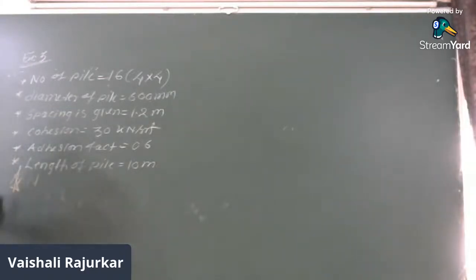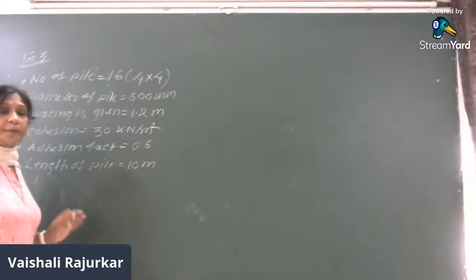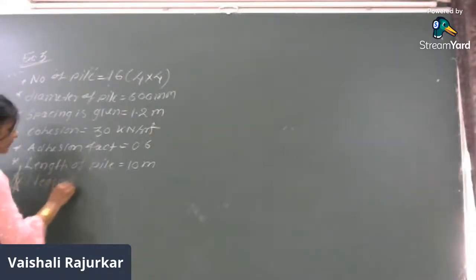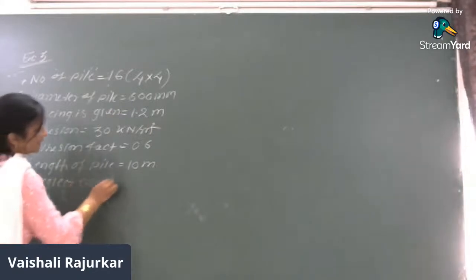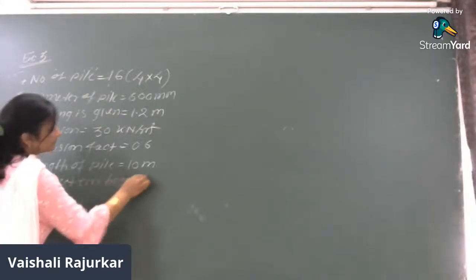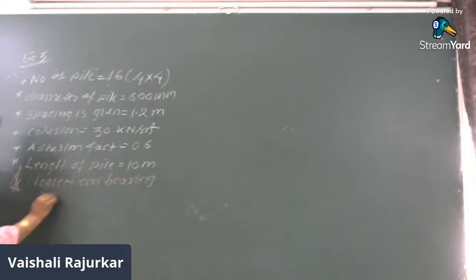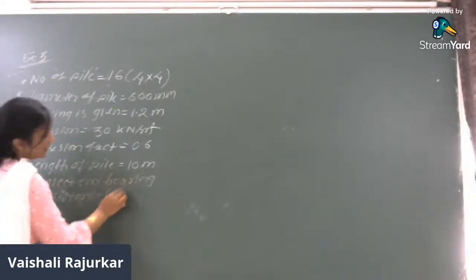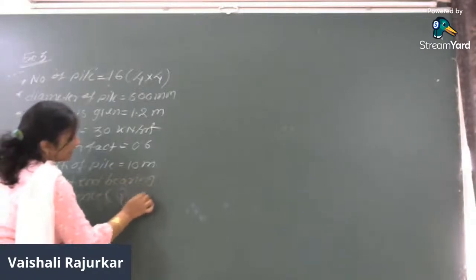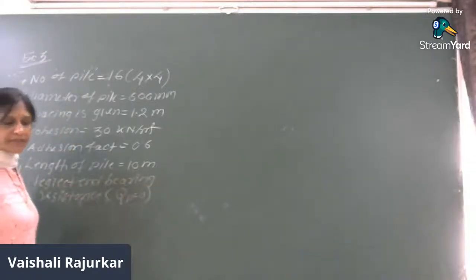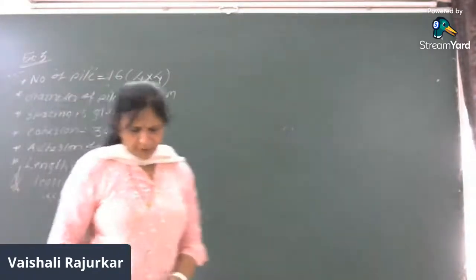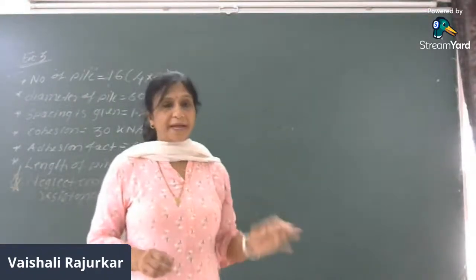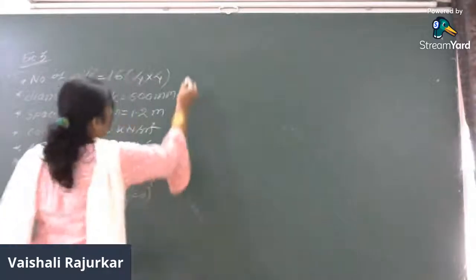It means that you have to consider QP value as 0. Always remember that here the QP value we have to take as 0, and the pipes then become a friction pipe. Assume the pipe is a friction pipe.